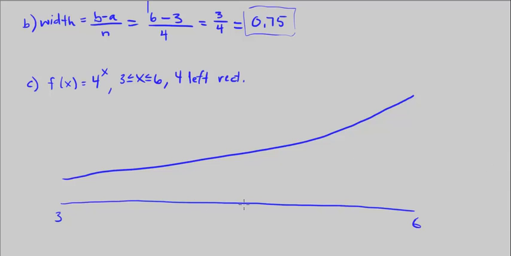So if that's 3, 4, 5, there's going to be 3 units in between, so it's going to be 3, 4, 5, 6. And each rectangle is 0.75 units. So 3 to 3.75. I'm going to use a different color. So 3 to 3.75, around here, because you add that. That's going to be the first rectangle.